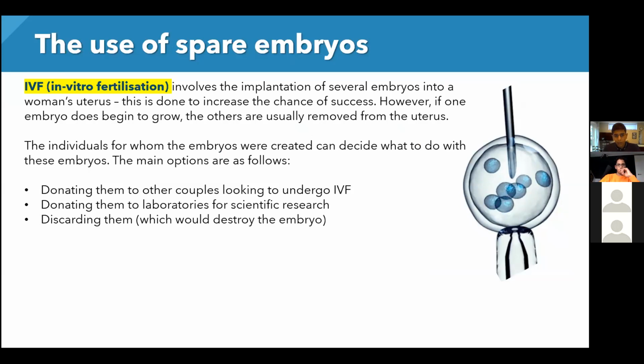It involves the implantation of several embryos into the uterus, which is done to increase the chance of success, because usually these treatments have a very low success rate. If one of these embryos does begin to grow, then the others can be removed, and then it's up to the individuals for whom the embryo was created to decide how they are going to be used.